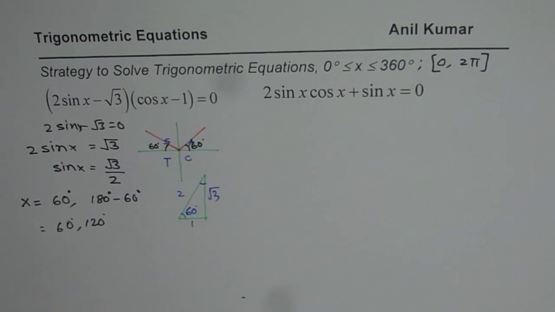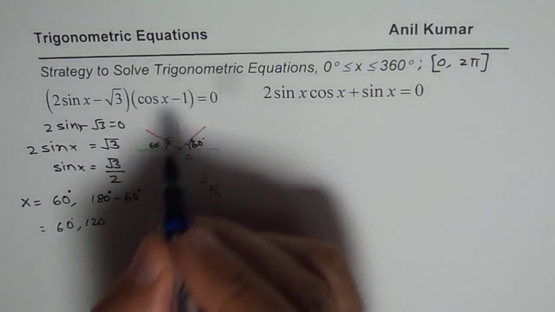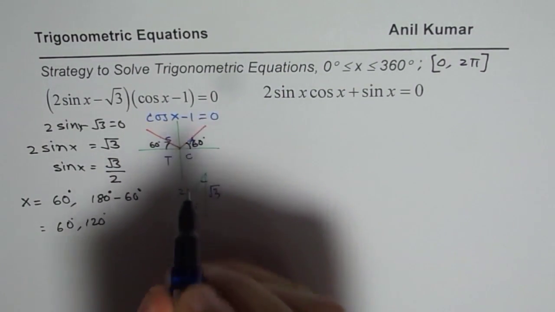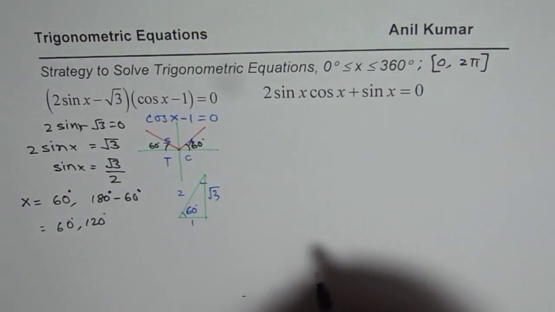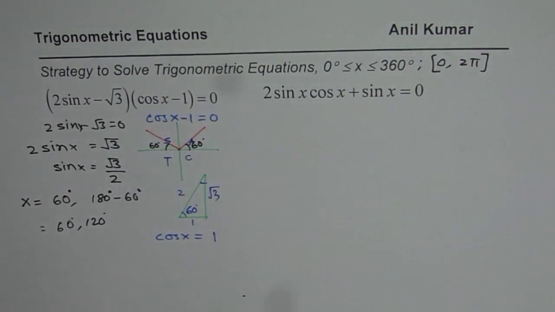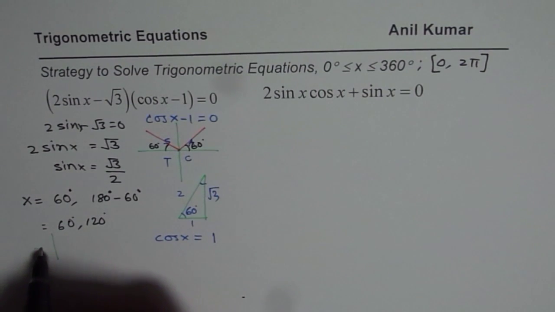Now we'll investigate the second factor, which is cos x minus 1 equals 0. That means cos x equals 1. Now when is cos x 1? Whenever you want to find when cos or sine is 1, I prefer to use the graph.